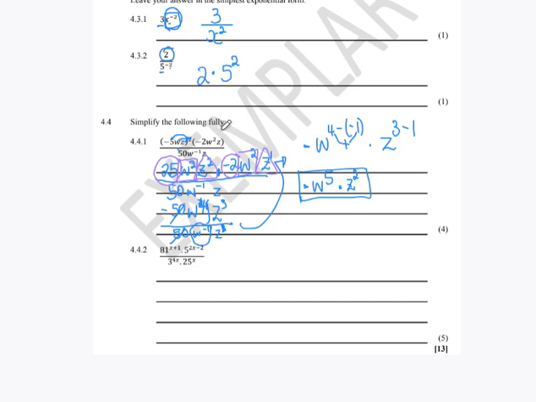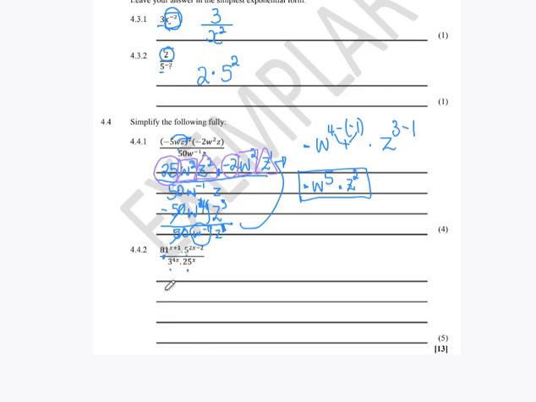Okay, now let's have a look at the next one. Because there's a base 3 here, there's a base 5, we need to try and change the 81 into a base 3 and the 25 into a base 5. Can we do that?